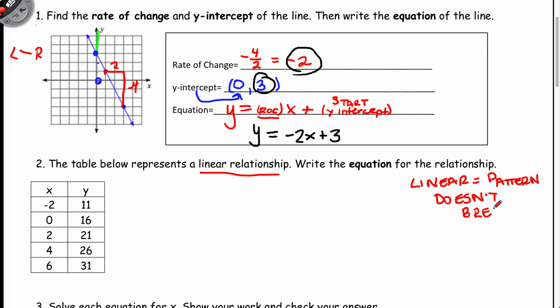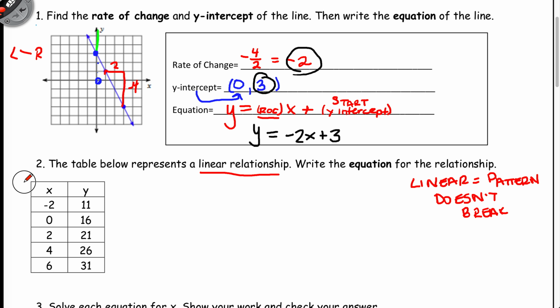It's consistent. If your pattern breaks, like let's say your pattern is 1, 2, 3, 4, 5. That's a pattern. That's linear. But if your pattern goes 1, 2, 10, 15, 5, 6, it's all over the place, that's not a linear relationship.